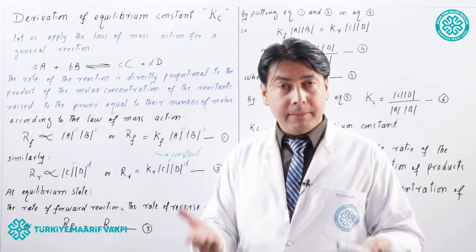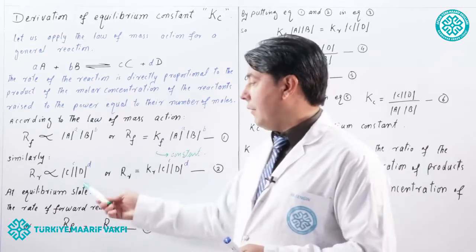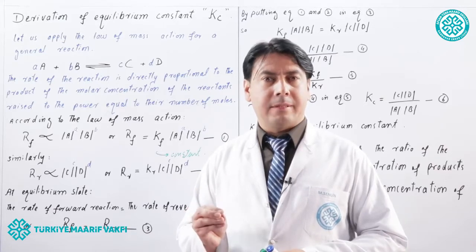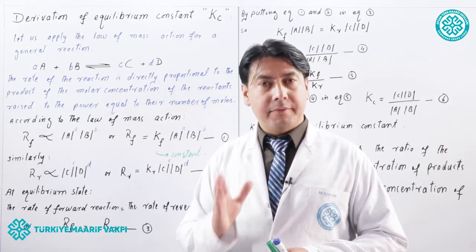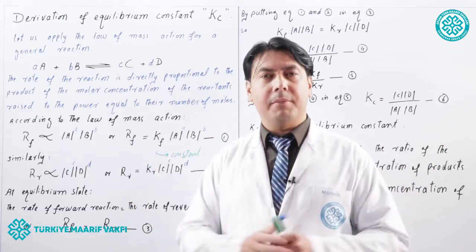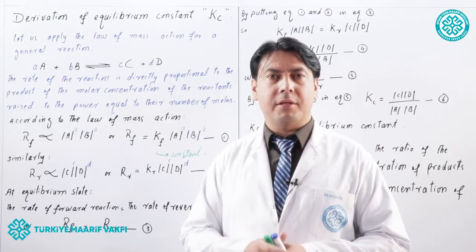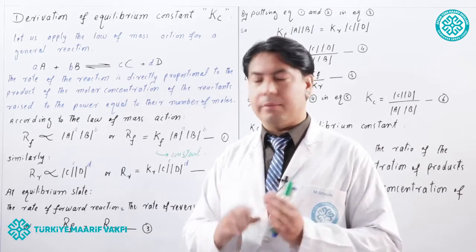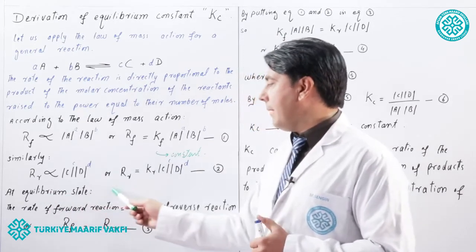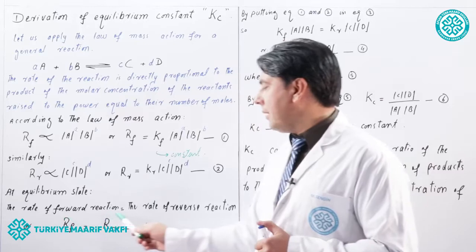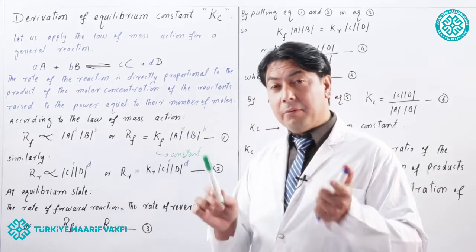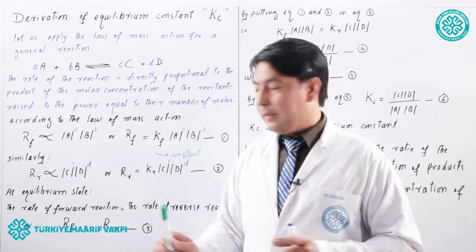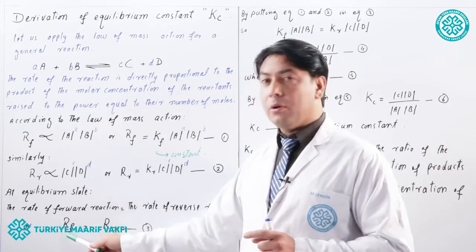Now, at equilibrium state, we know what equilibrium is. The chemical reaction at which the rate of forward reaction becomes equal to the rate of reverse reaction is called chemical equilibrium or dynamic equilibrium. So, at equilibrium state, the rate of forward reaction is equal to the rate of reverse reaction, Rf equals Rr.